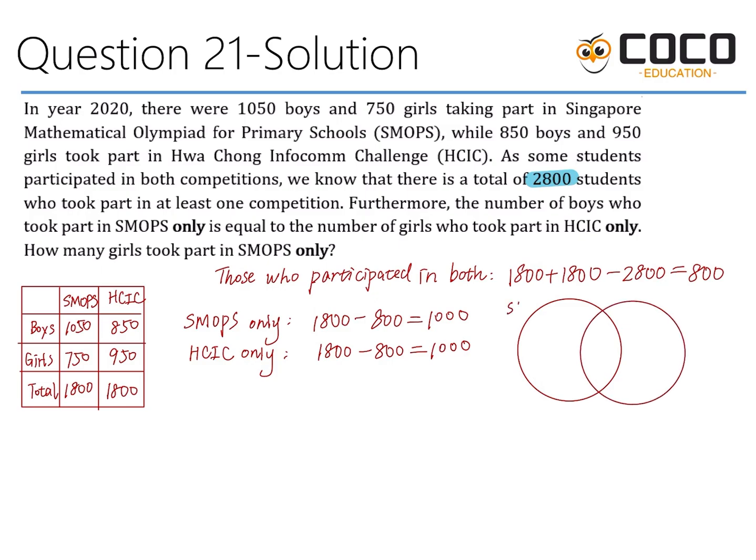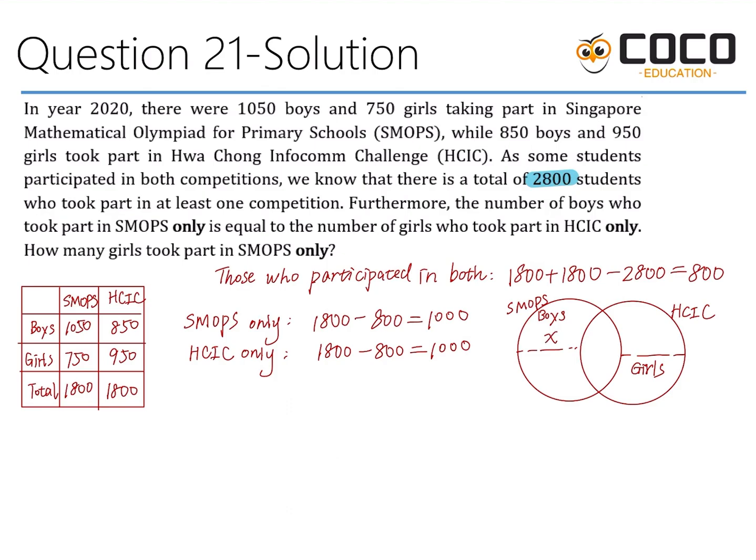So we use this circle to represent those who participated in SMOPS. This circle is for those who participated in HCIC. So the question says that the number of boys who did SMOPS only is the same as the number of girls who did HCIC only.